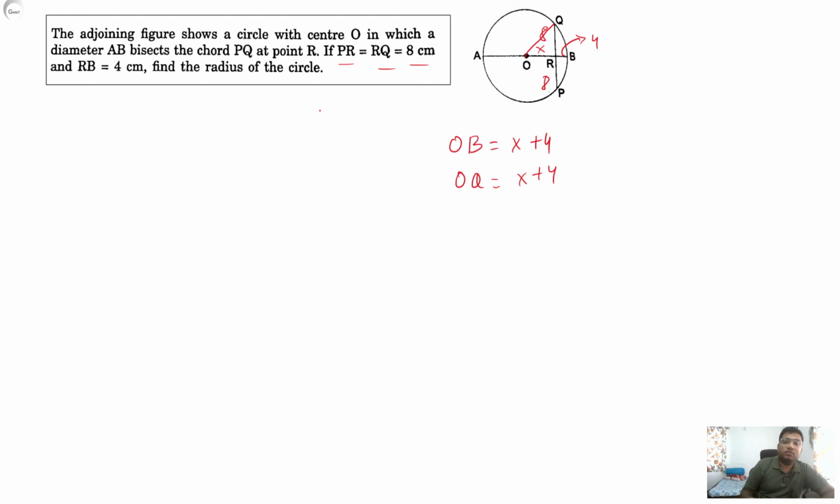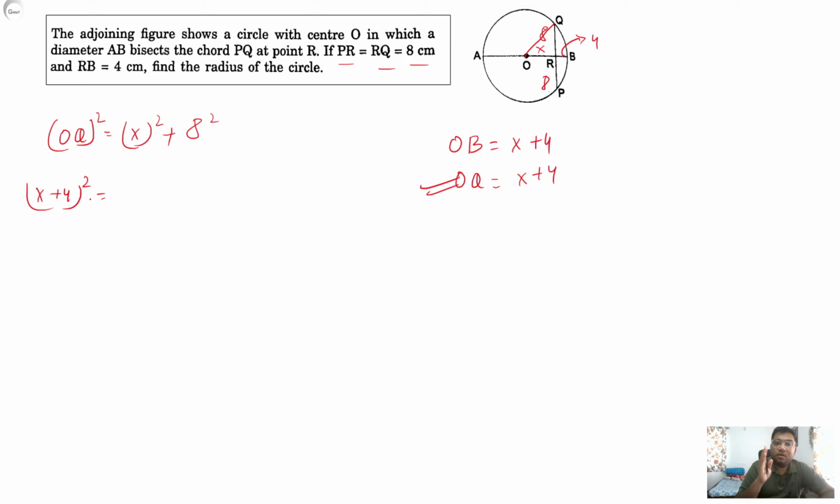So what we are going to do is apply Pythagoras theorem. We can write OQ whole square is equal to x square plus 8 square. And what's the value of OQ? x plus 4. So this becomes x plus 4 whole square. Remember, guys, don't write x square plus 16. Write x plus 4 whole square. Follow the steps, you will never go wrong. If you try to skip the steps, there is a good chance that you might make some silly mistake.